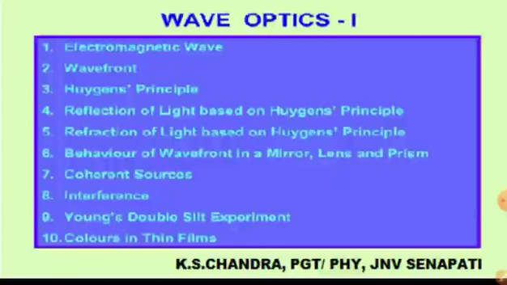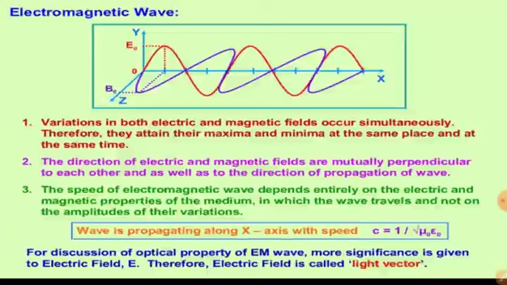The first one is electromagnetic waves, then wavefront, Huygens' principle, reflection of light based on Huygens' principle, refraction of light based on Huygens' principle, behavior of wavefront in a mirror, lens, and prism, then coherent sources, interference, Young's double slit experiment, and lastly we will deal with color in thin films. Now let's see the first one, that is electromagnetic waves.